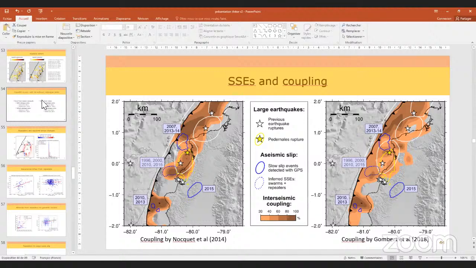You have these two observables: one is very smooth, the GPS afterslip, and the other is very local, at the size of 100 meters, basically the size of an asperity. It doesn't seem obvious that two slip rates, one at large scale and one at very small scale, should agree. So is there any way to do some assessment of the heterogeneity of slip rate apart from these two observations?